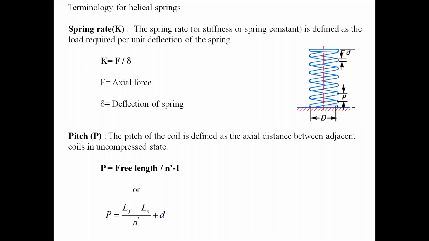If you take the total free length and subtract the solid length, the remaining will be the deflected distance. We divide it by the number of turns, so the deflected distance between one coil comes from that, plus d. That is also the pitch. So we can find pitch by using these simple equations.